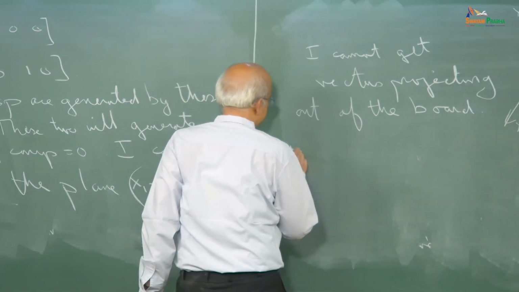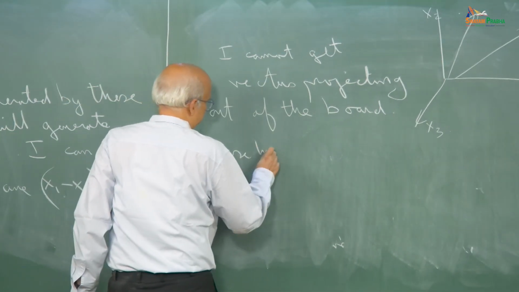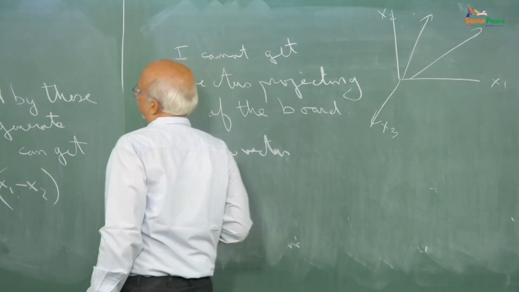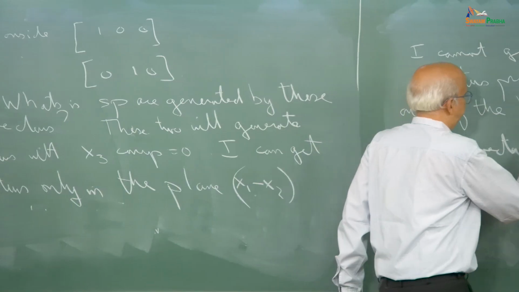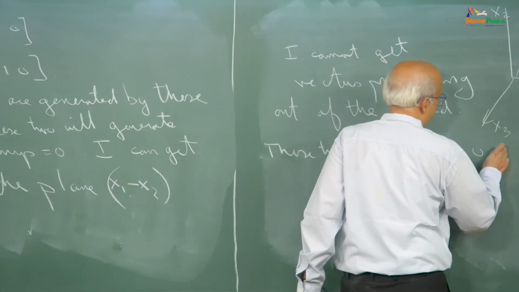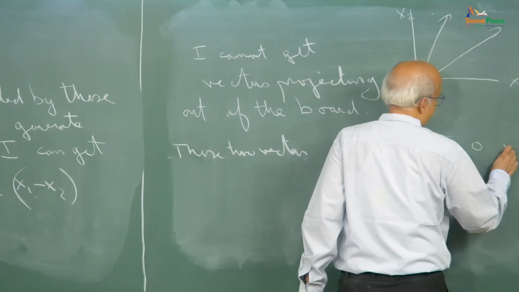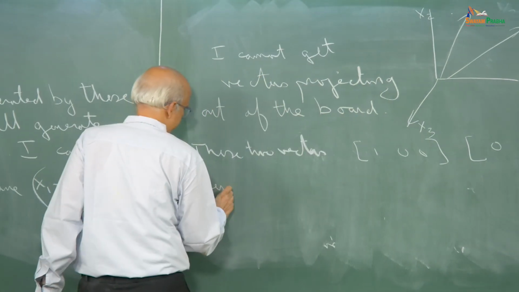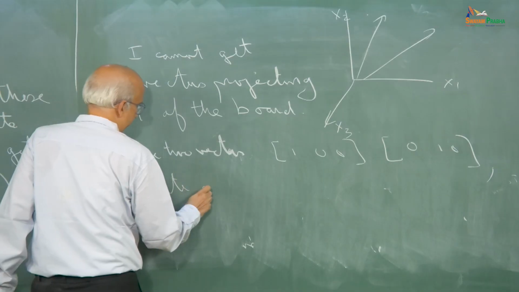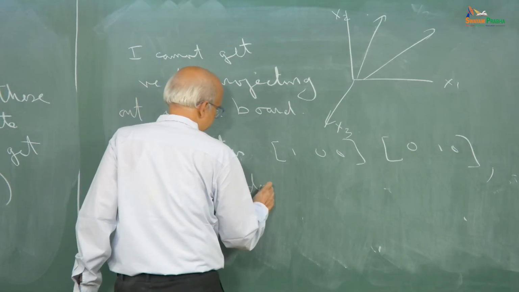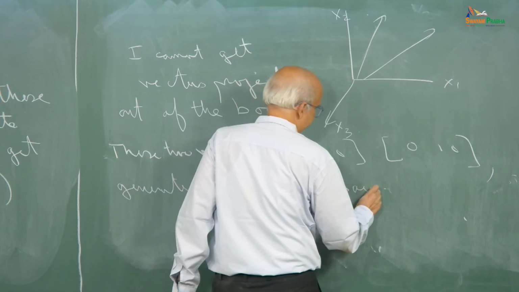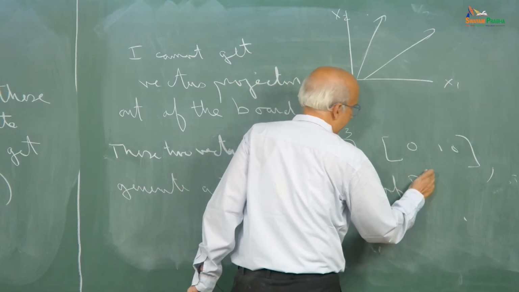So, these 2 vectors, 1 0 0 and 0 1 0, generate a 2-dimensional subspace of R3.